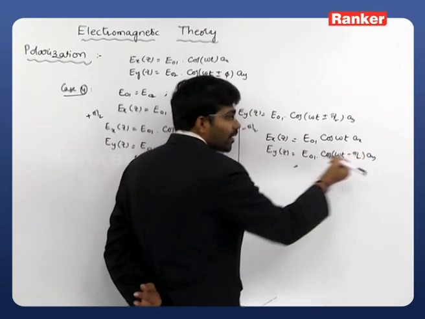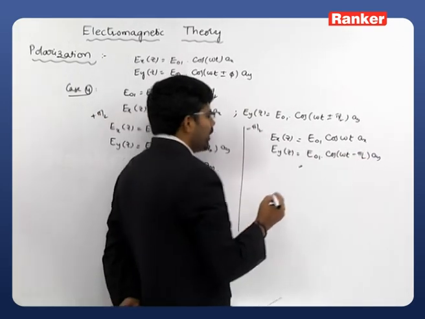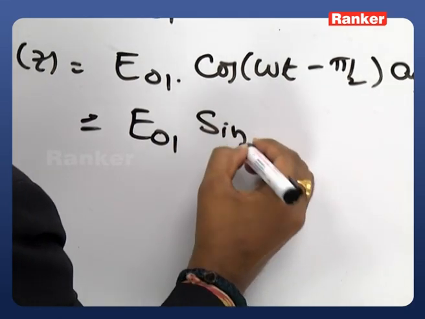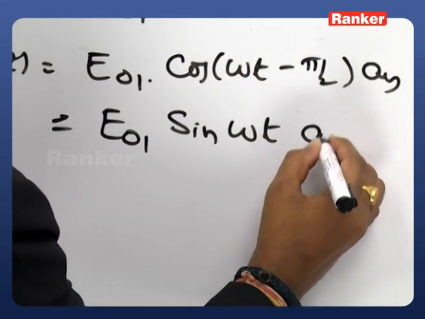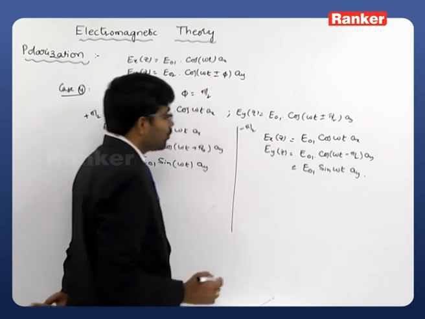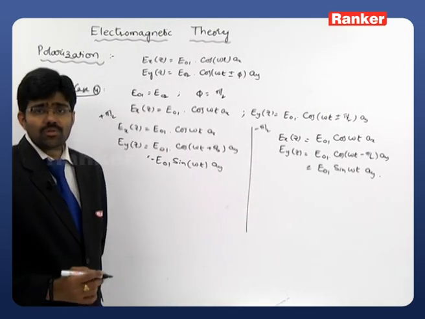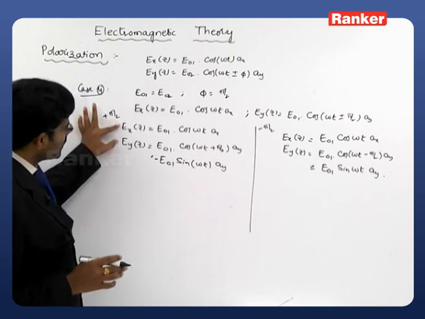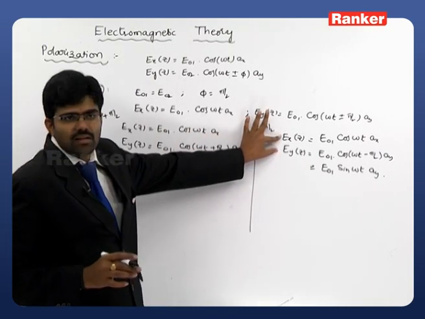Cos omega t minus pi by 2 is nothing but sin omega t, which gives E naught 1 sin omega t Ay. So here we just have to observe the resultant of these two equations again. What will be the resultant of this Ex and Ey?